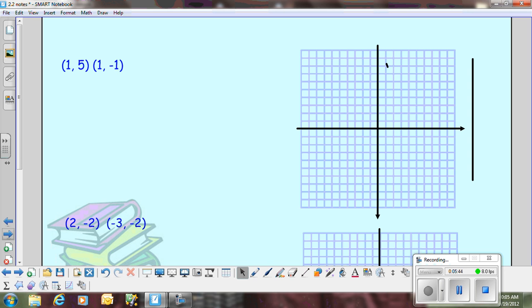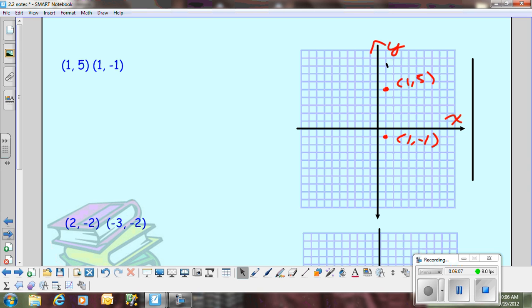Look at the next one. I've got these 2 points, (1, 5) and (1, -1). Label them.